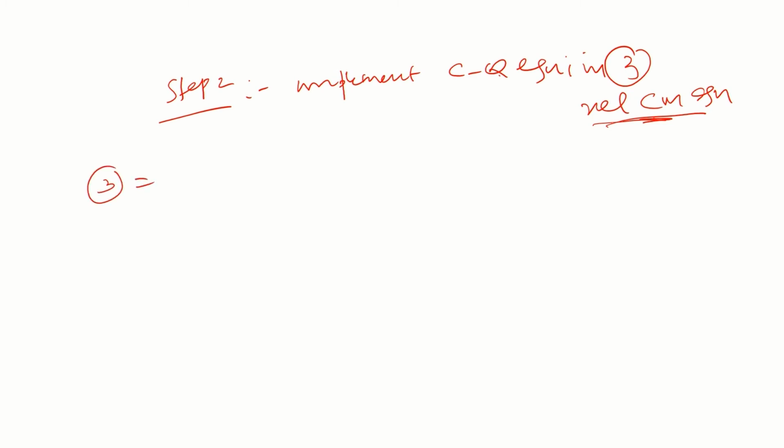So, equation 3, that is the relativistic classical mechanics, implies E square equal to C square P square plus M square C power 4. We have to substitute the classical quantum equivalences here.